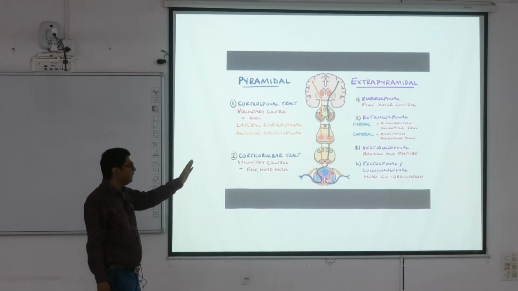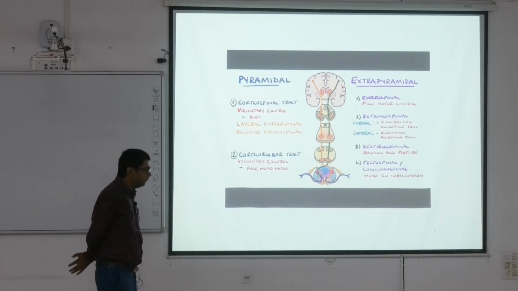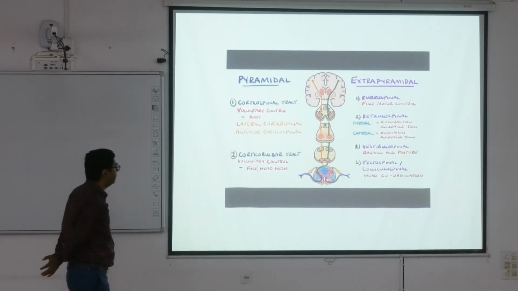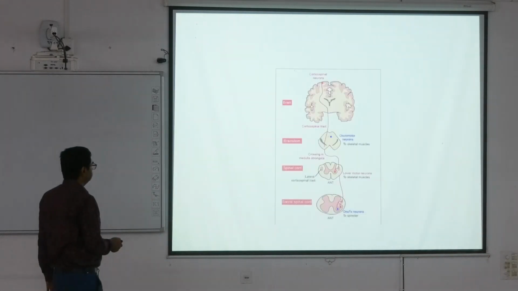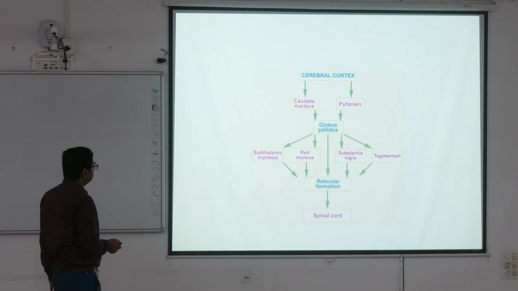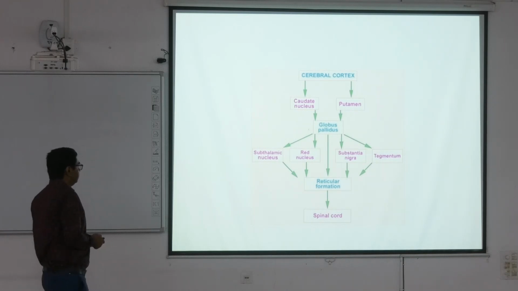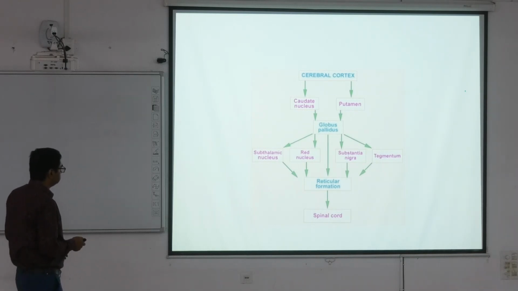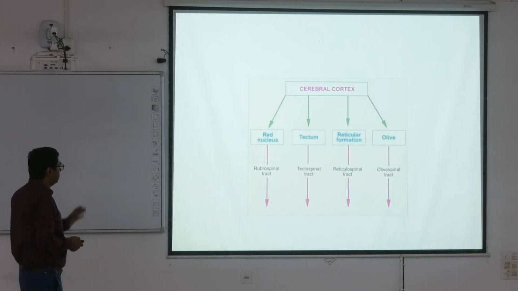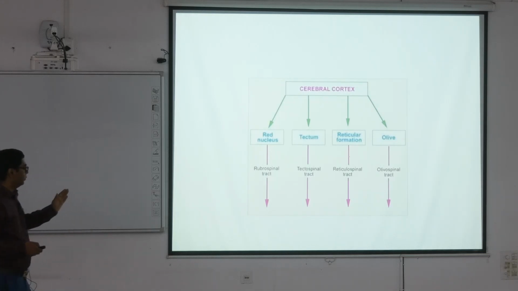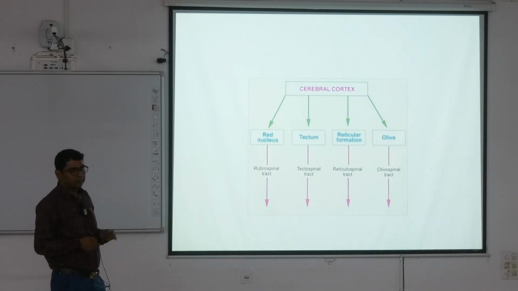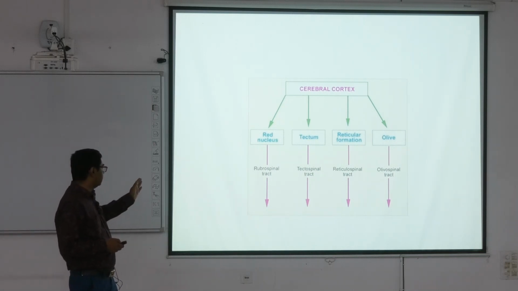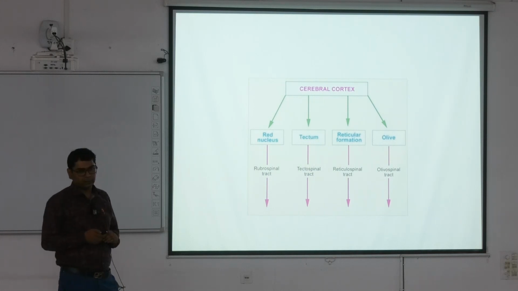Next, the extrapyramidal tract. The extrapyramidal tract depends on its origin. If it originates from the red nucleus, R for R, it is called the rubrospinal tract.